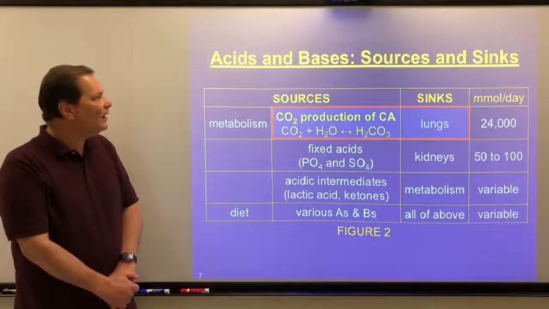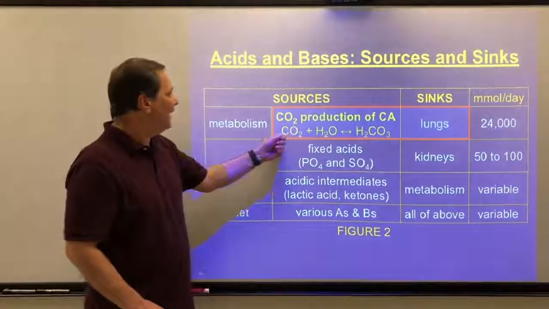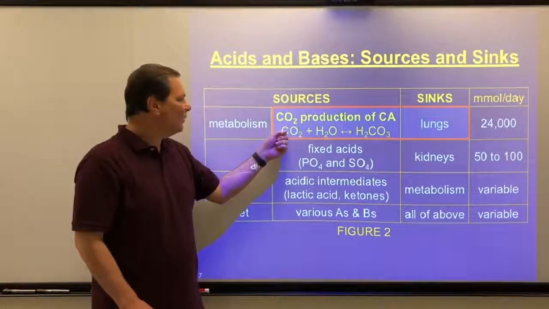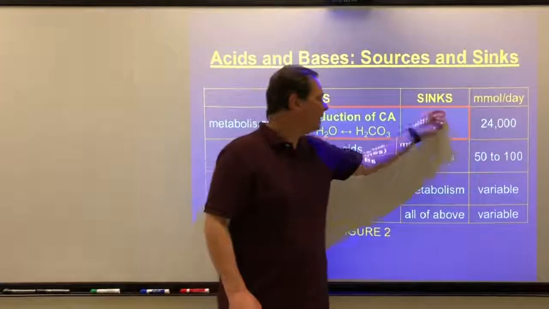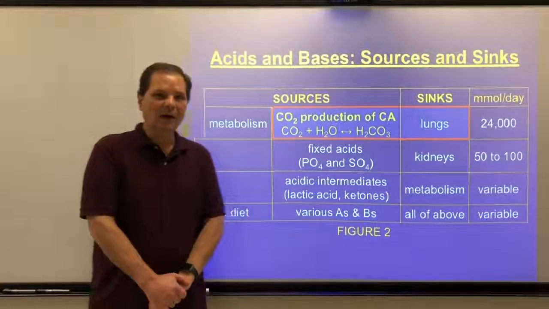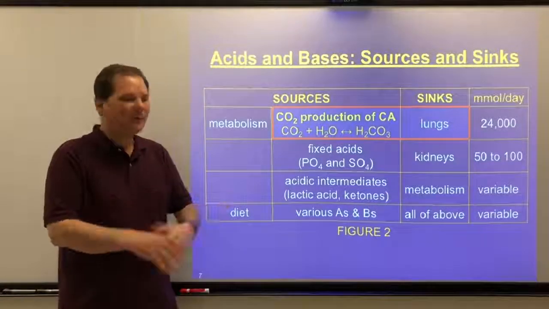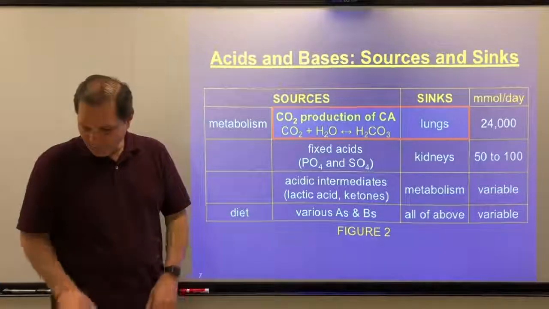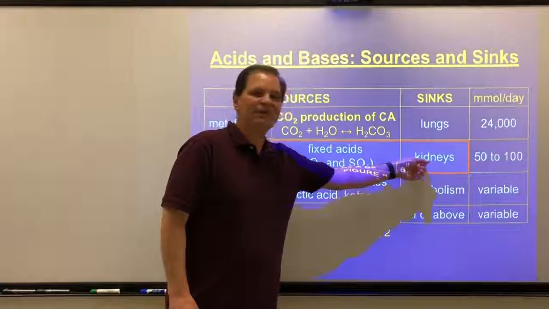Sinks of these acids. First of all, if we're talking about an acid generated by metabolism, we are often talking about carbon dioxide here. The sink for carbon dioxide is the lungs. That is where you blow off carbon dioxide. So when you expire, you're expiring carbon dioxide. You're getting rid of the carbon dioxide that builds up through metabolism. For the fixed acids, phosphate and sulfate, you're talking about excretion to the kidneys.